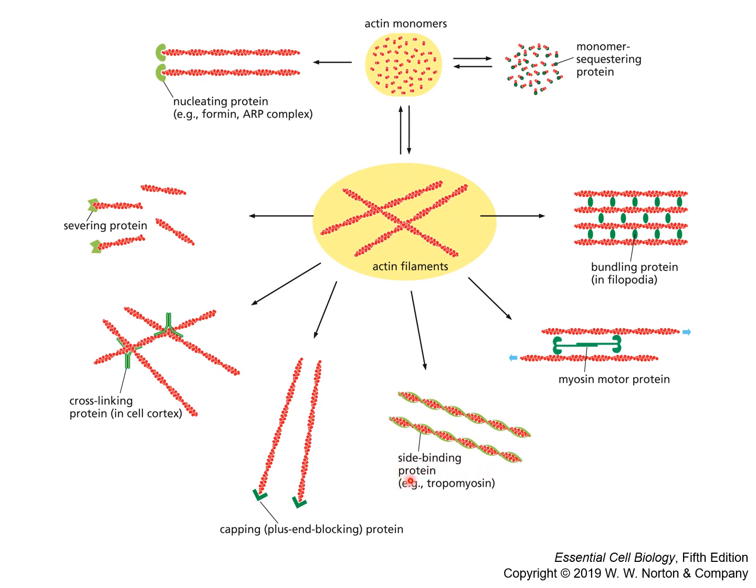Then they can use side binding proteins like tropomyosins, which also bind the actin filaments. And then they will use myosin motor proteins and bundling proteins in filopodia. So these are all different functions actin binding proteins can provide to cells.